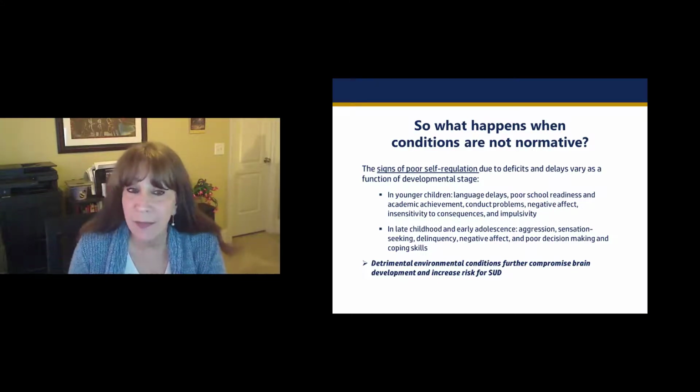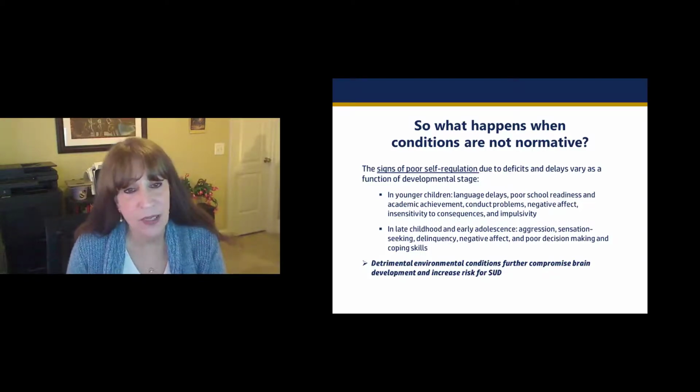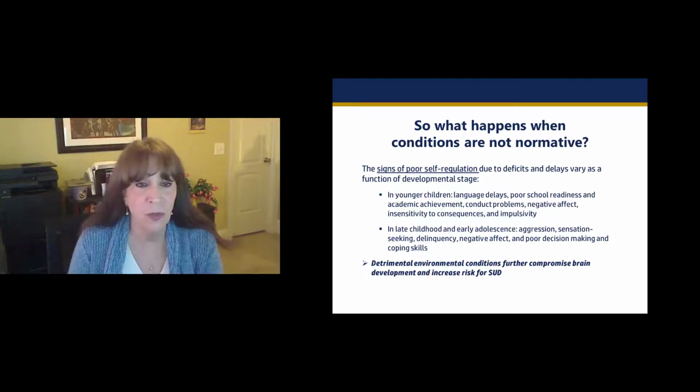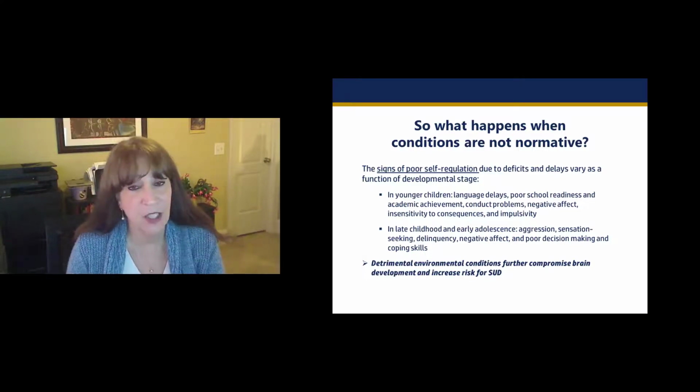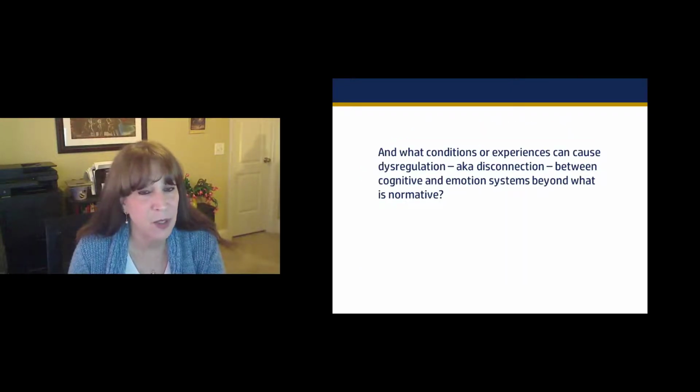And we can see them manifested in younger children with some of those issues that you see here: language delays, negative affect, insensitivity to consequences, and impulsivity generally start to emerge. And then later, in late childhood and early adolescence, the signs of poor self-regulation are aggressive behavior and novelty seeking and negative affect, poor decision-making, and so forth. And detrimental environmental conditions further compromise the way the brain is developing and increase risk for substance use disorder.